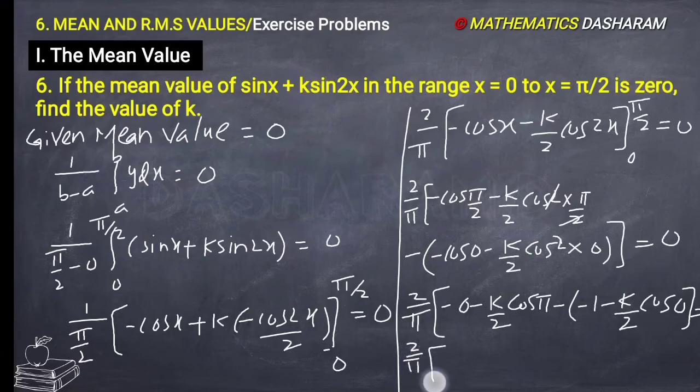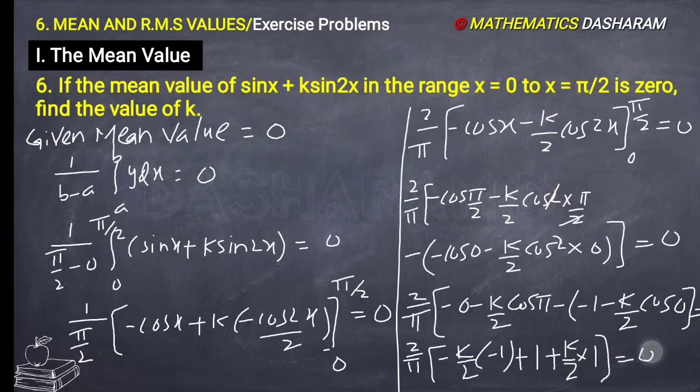So 2 by pi minus 0, here minus k by 2, cos pi value is minus 1, so minus of minus gives plus 1, minus of minus plus k by 2 into cos 0 value 1, equals 0.